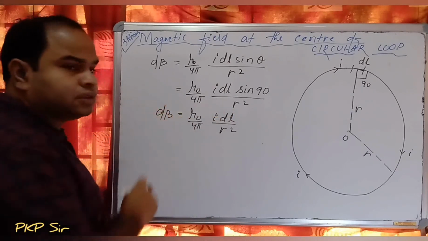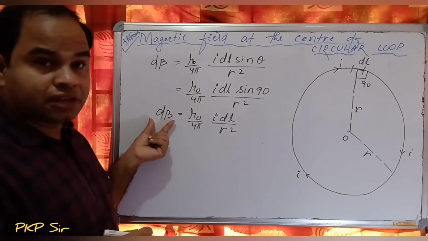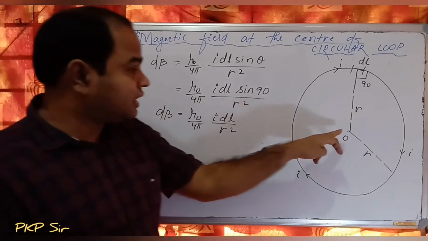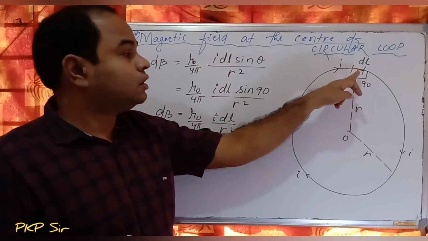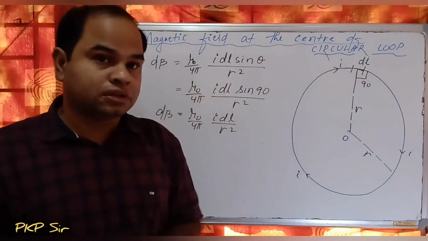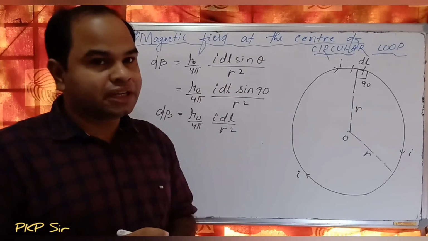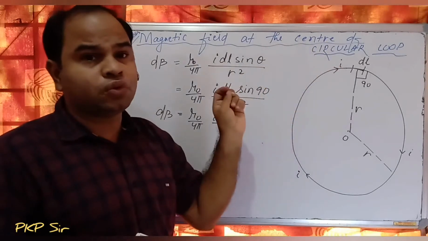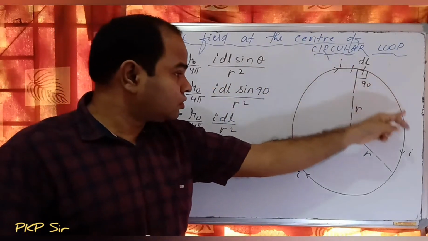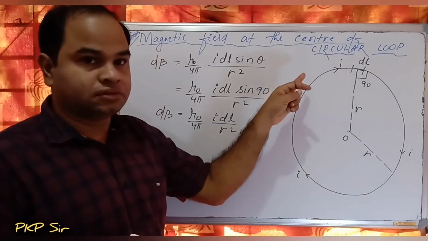So dB is the small magnetic field produced at the center due to the current element, or current I flowing in the small length. To find the net magnetic field due to the circular loop, we have to integrate across its circumference.